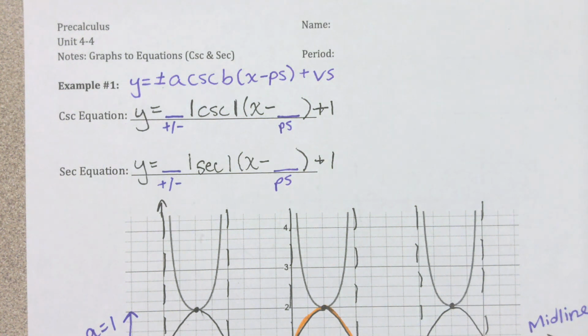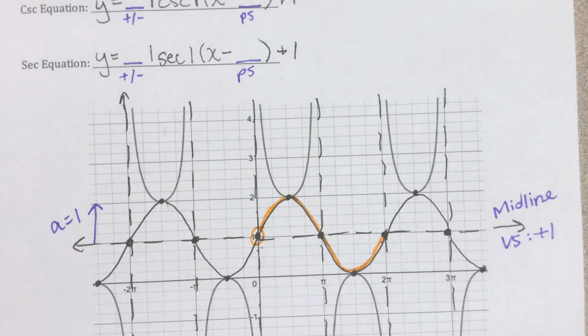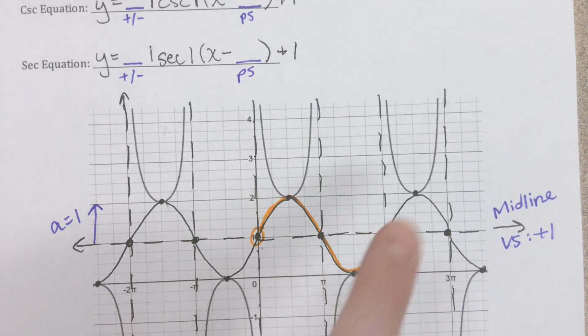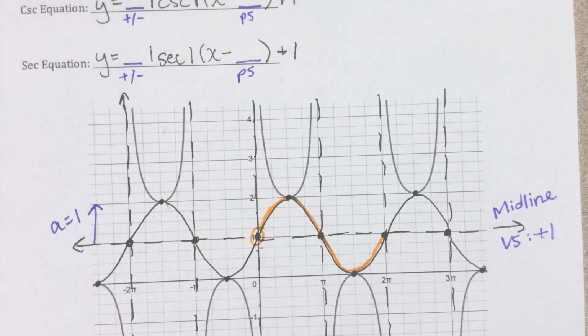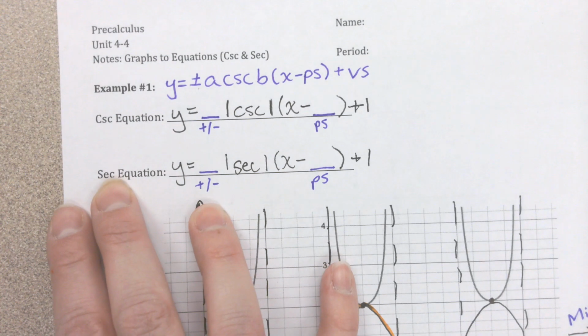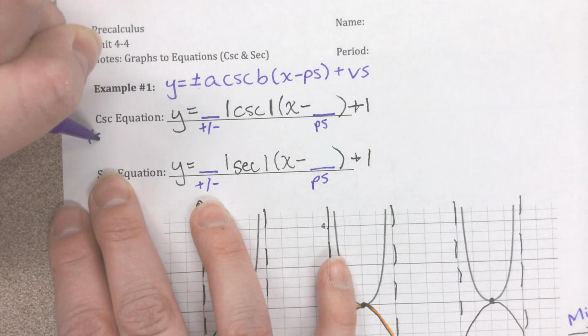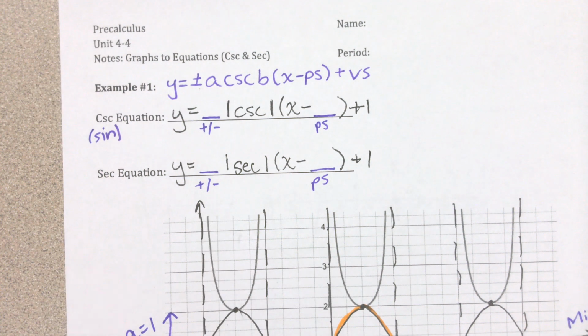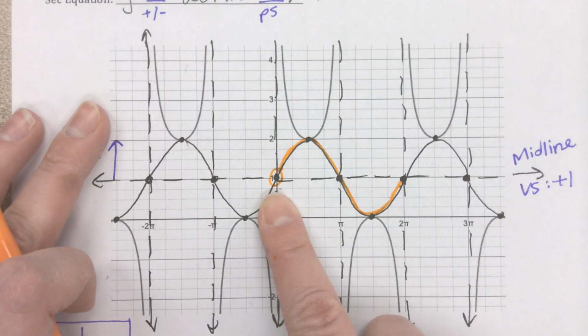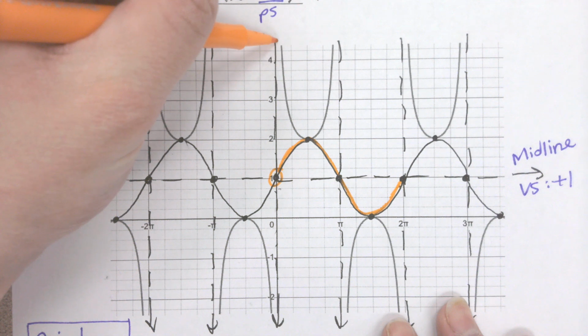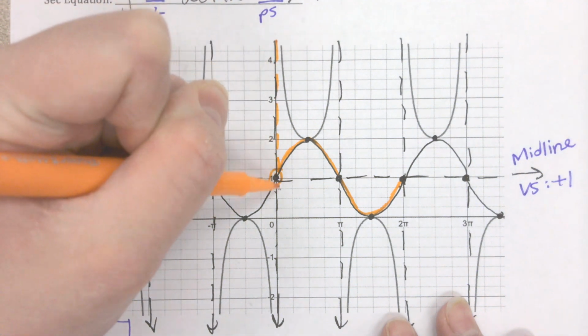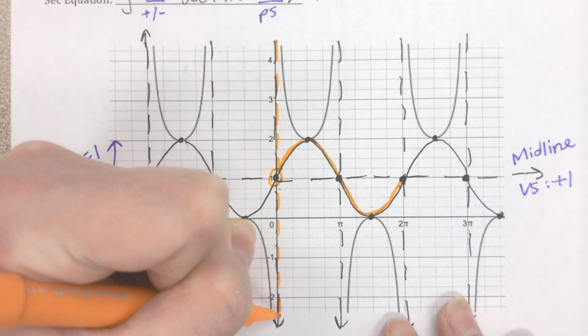From here, I'm going to start with whichever curve I found first to get my period, which in that case was the sine curve. Sine, hopefully you're well aware, goes with cosecant. So we're building the cosecant equation right now. And my circle here is my starting point for sine, my phase shift, if you will.